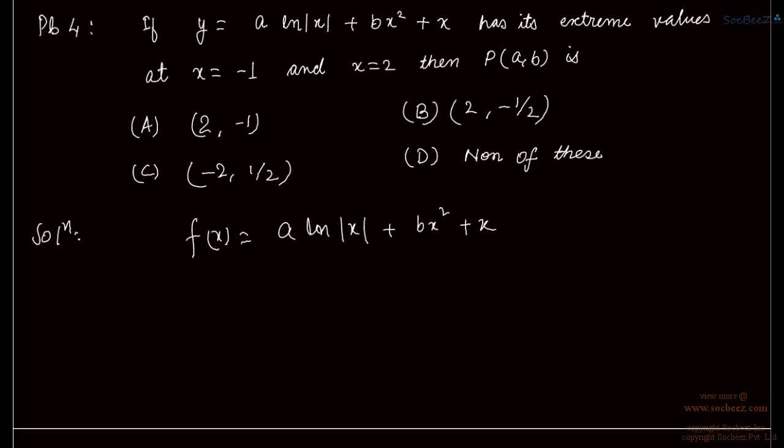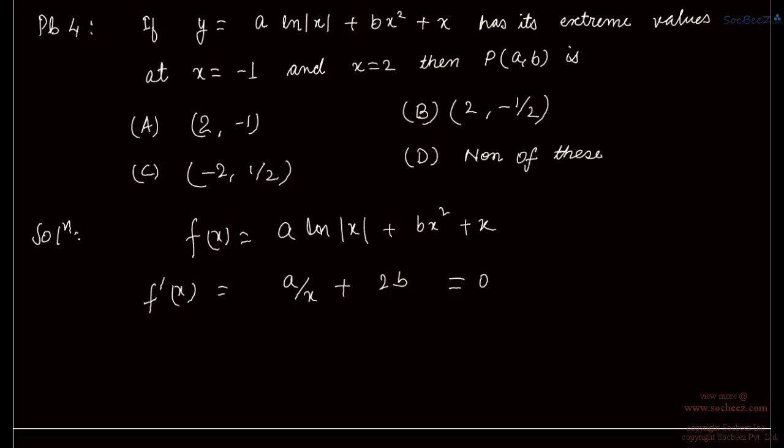Let us assume x is greater than 0. Then f dash x must be a upon x plus 2b, right? So for finding extremum values, we have f dash x equal to 0, because extreme values are those points where maximum or minimum occurs.